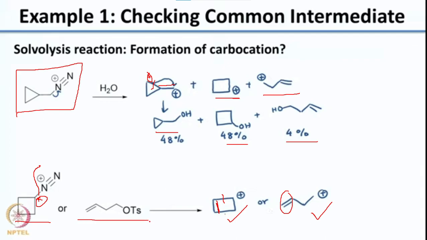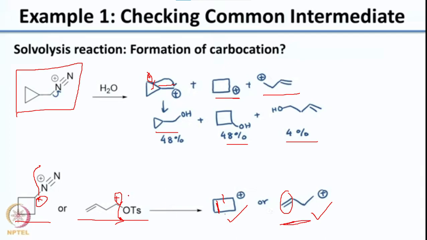Like here, if we have this butene, OTS substituted butene, here what we will observe is this OTS elimination will take place and give the formation of carbocation over here, right? Is this the same as this one, right? This is the same intermediate.